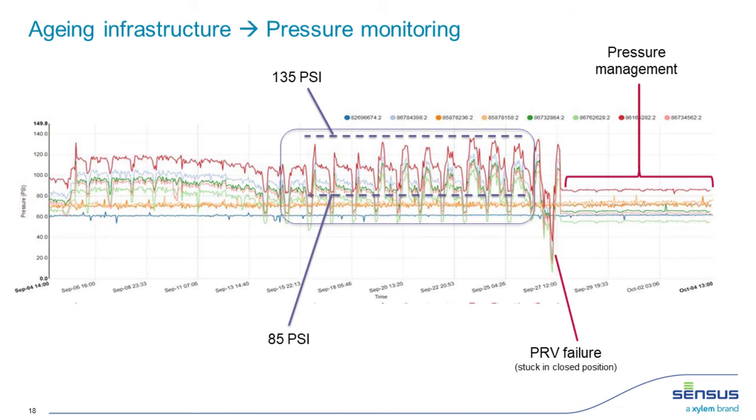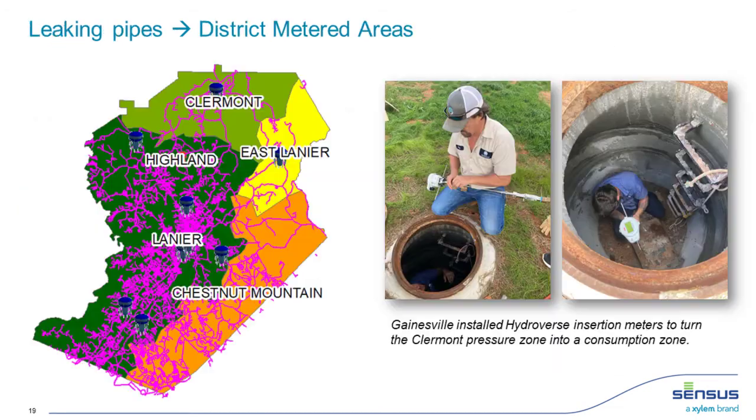They used that failure to go out and implement some better pressure management. So they changed some set points on some PRVs, and they were able to not only smooth out those pressure fluctuations, but actually reduce the overall pressure in that zone, really extending the life of those pipes.